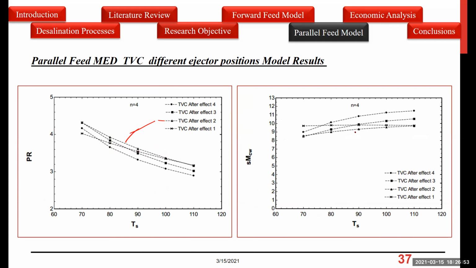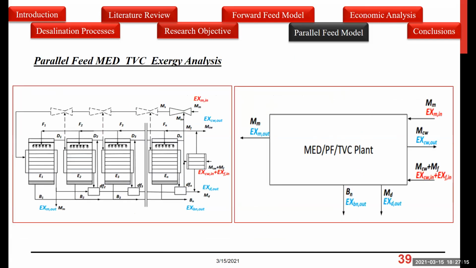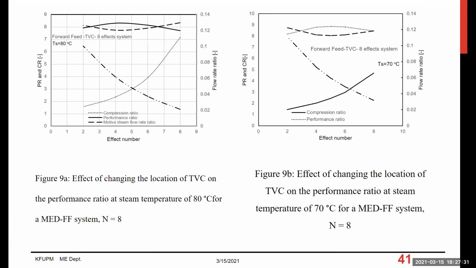And the lowest required cooling water flow rate is associated with the condition where it is located in the middle. So this one you can see here, it is associated with the TVC after effect number 2. Specific heat transfer area was not really affected by the location of the TVC. And then he did again the second law analysis, showing which are the locations. Again, similarly, the condenser and the ejectors are the locations with the lowest exergy efficiency.